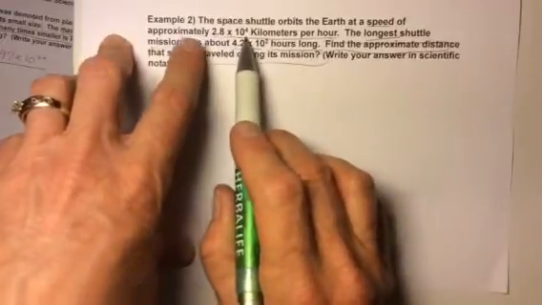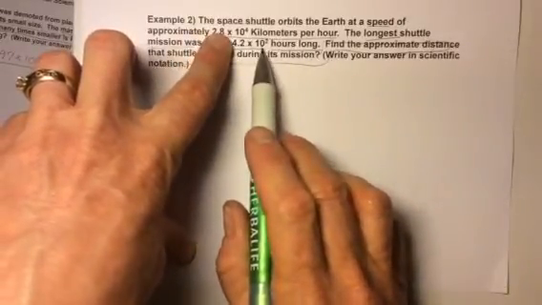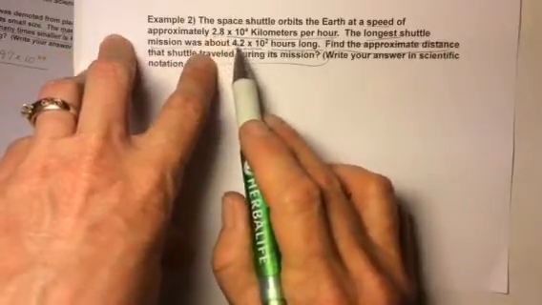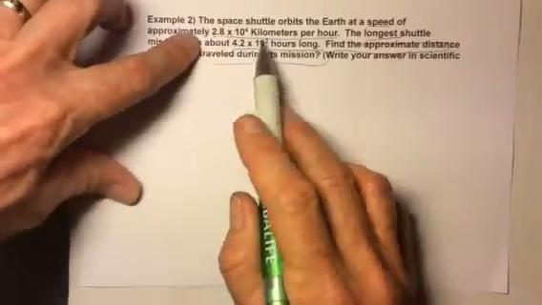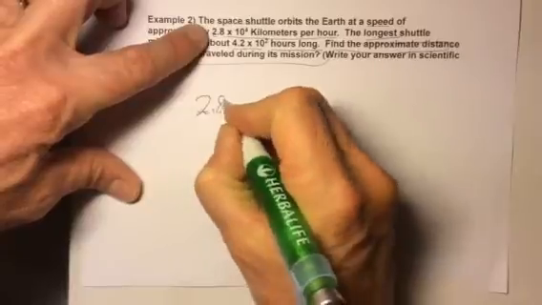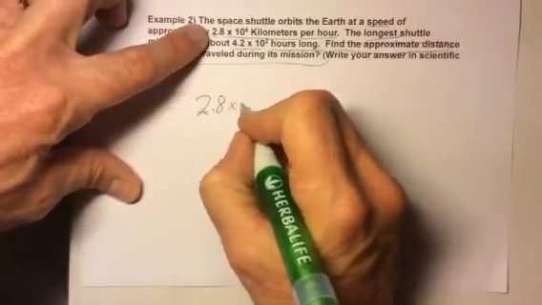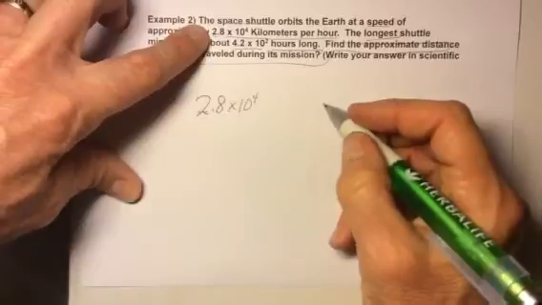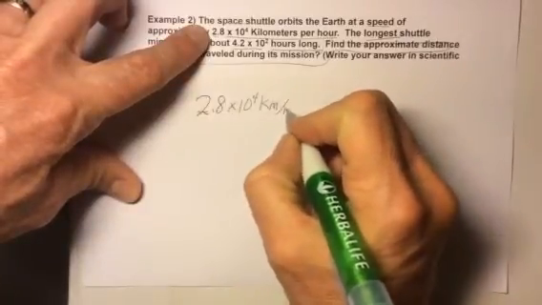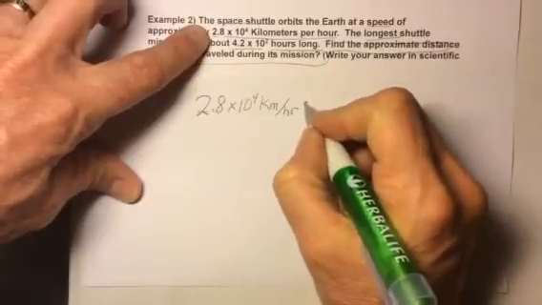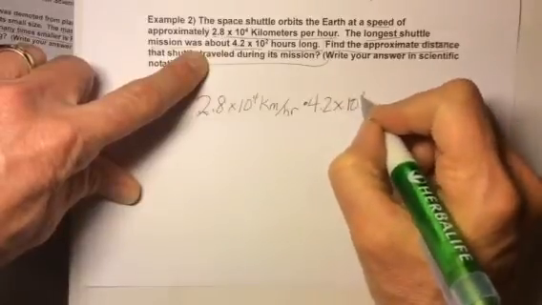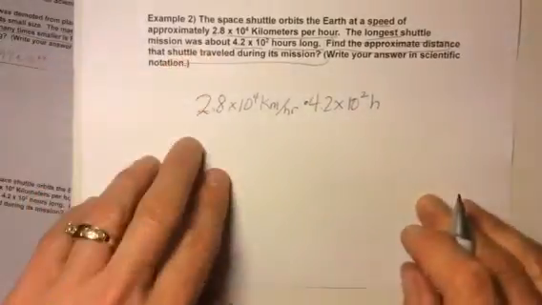So if this is the speed, and this is how many hours it took, then to find out how many kilometers, we would multiply these two figures together. So if we take 2.8 times 10 to the 4th kilometers per hour, and we multiply that times 4.2 times 10 to the 2nd hours.